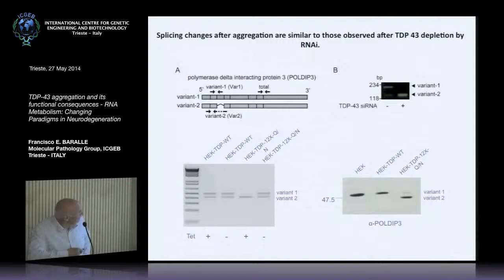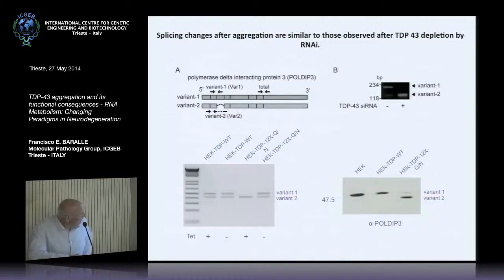If you remove TDP, this splicing is activated and this is the only variant. You can see the shift with si, the same shift, and a better gel here. So when you have the aggregates, it's exactly equivalent to that. Only the short form of the protein is present. This is the messenger, and actually this is the protein.